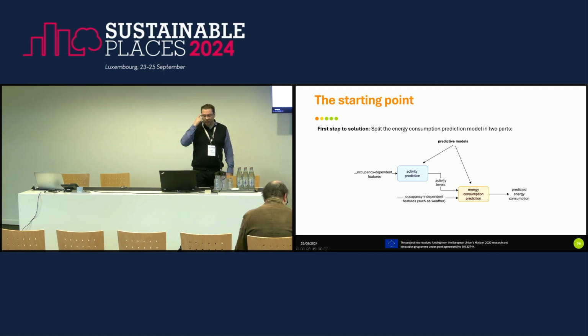Then I know that the yellow model is still valid, and the only thing I have to change is that blue one, the activity level. So this was the initial idea: correcting, let's say, for events means you decide that some aspects remain the same and some you have to calculate again.